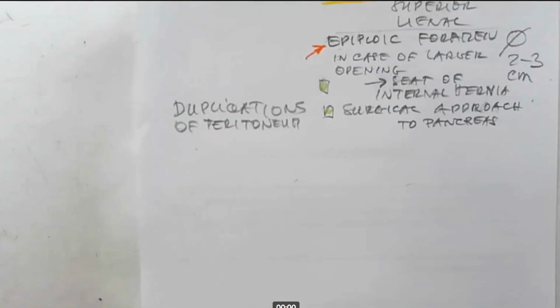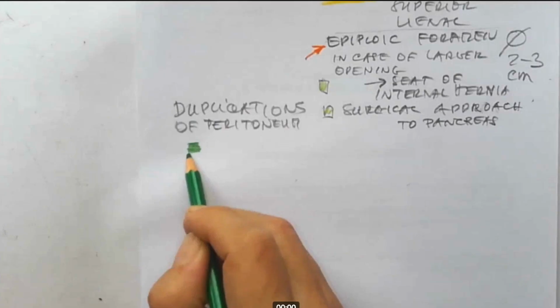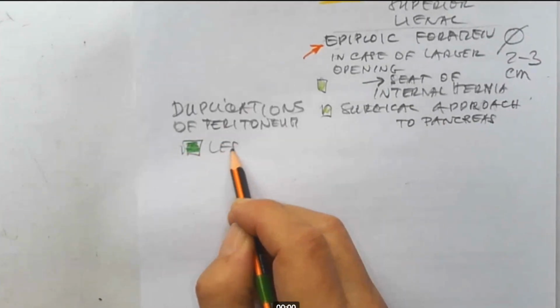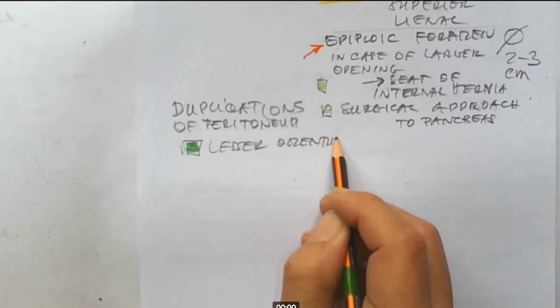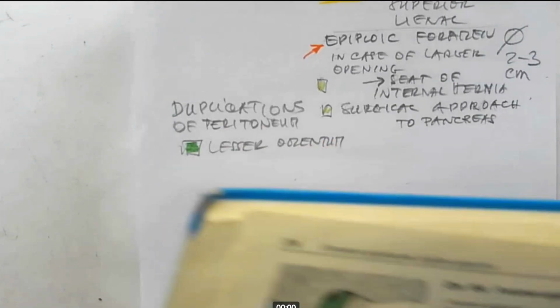So we already started with the first omentum, which is the omentum minus, the minor omentum, the lesser omentum, which is short, and we know the lesser omentum extends between the stomach and the liver.